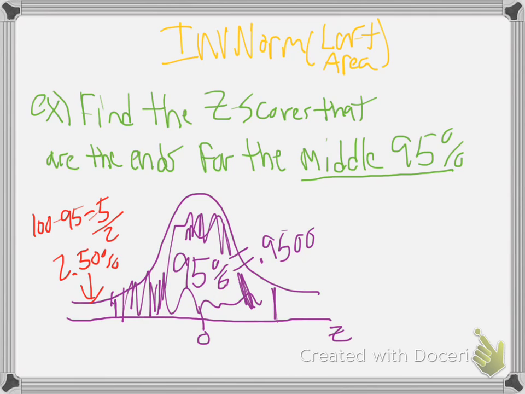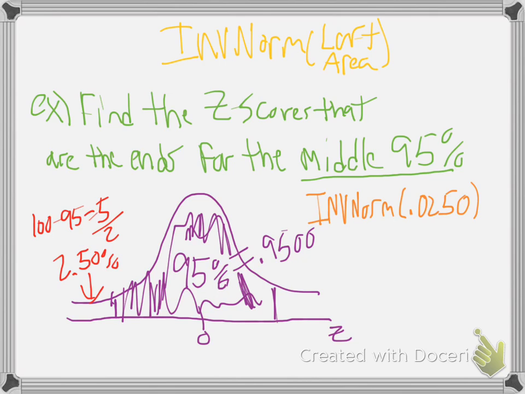So we do inverse norm of that decimal as a left area, remember? 2.5% is 0.0250. So we do inverse norm of 0.0250. That's 2.5% on the left.